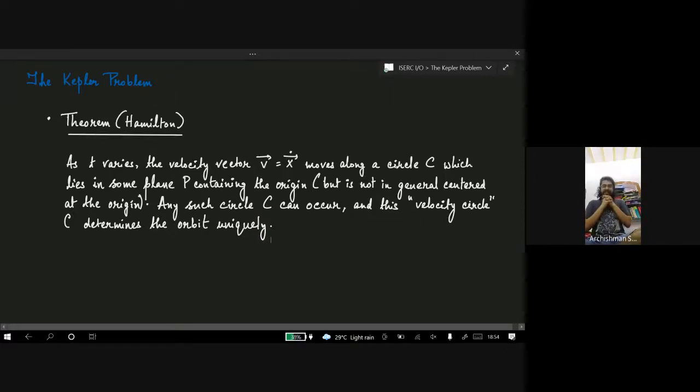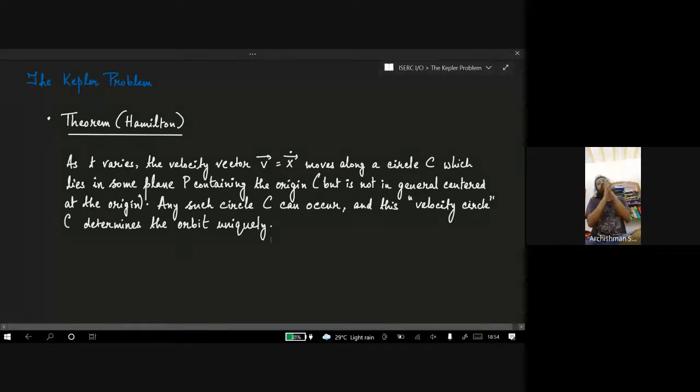So as I mentioned, Copernicus had tried to assume that the orbits of the planets are circular. While this is not completely correct, those who are familiar with Hamiltonian mechanics will know that position and momentum are conjugate variables.